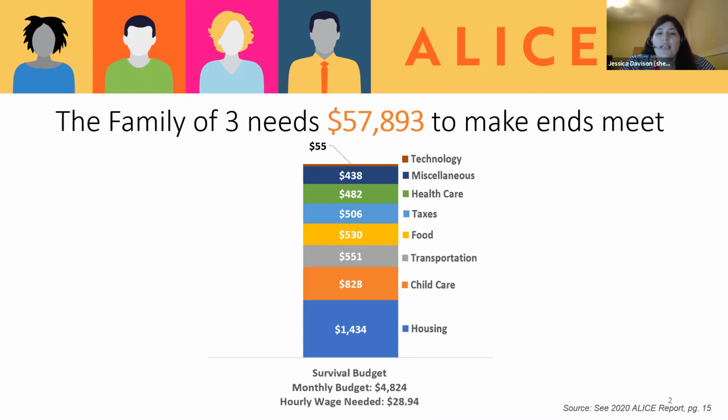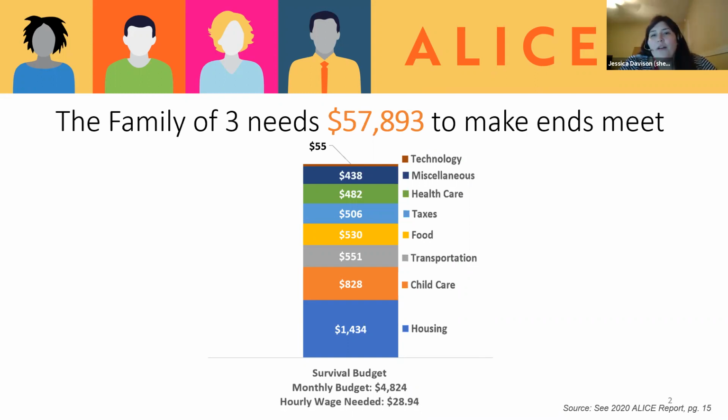Here on the screen, you'll see the survival budget. This is really unique to the ALICE data. The survival budget is specific to the county, state, and household size based on the area. It includes actual costs of things such as housing, childcare, food, transportation, healthcare, and technology.